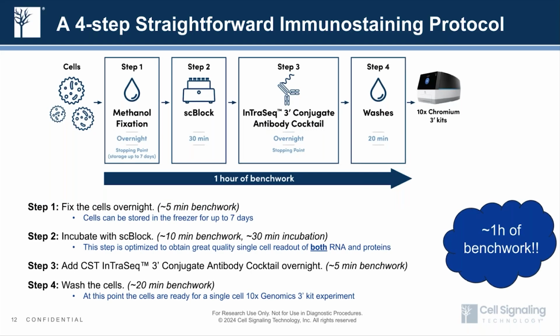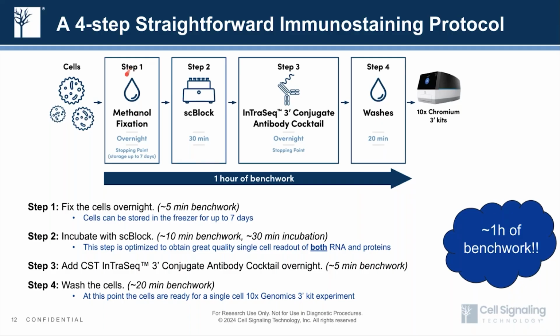Basically, it's a 4-step immunostaining protocol, and it's an assay kit that comes with these buffers, which I will show you at the end of the talk. Once you have a single cell suspension, instead of going straight into, let's say, a 10x Chromium instrument and proceeding with a single cell experiment, you perform this 1-hour benchwork experiment, split into these 4 steps.